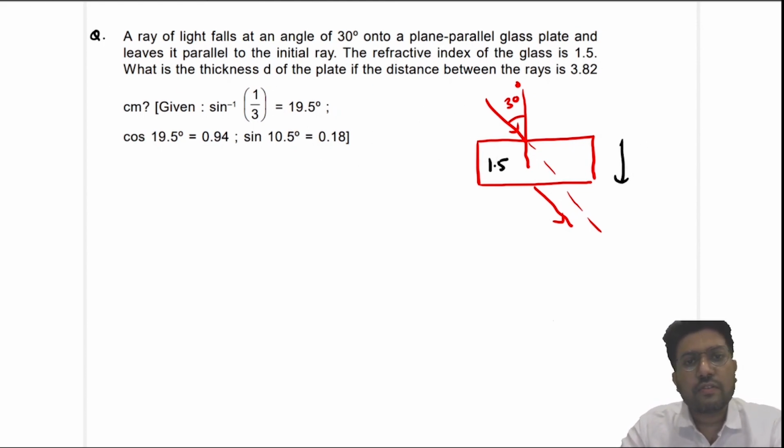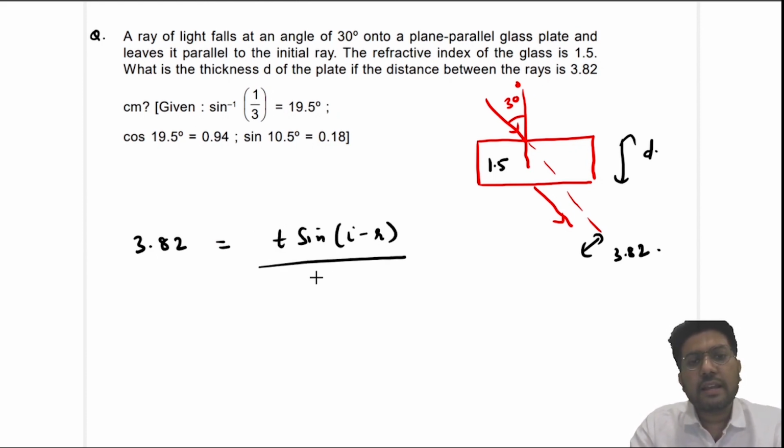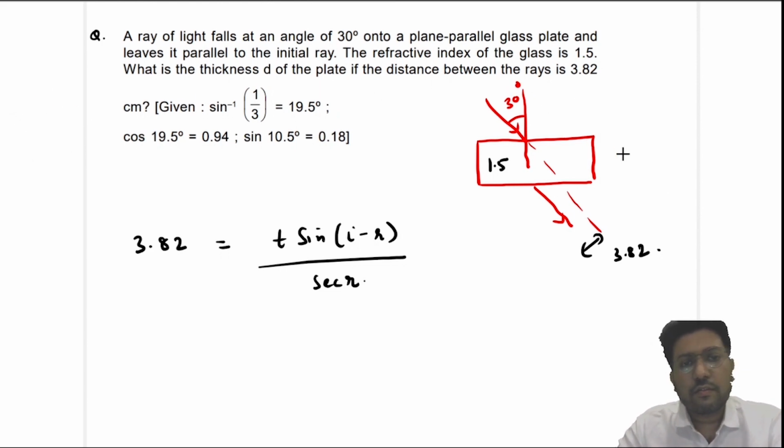Then what is the thickness of the glass plate if the distance between the rays, that is the lateral displacement, is 3.82? So clearly you will say 3.82 is equal to t sin(i minus r) divided by cos r. The value of t they have not given; in fact, they have asked you the thickness of the plate.